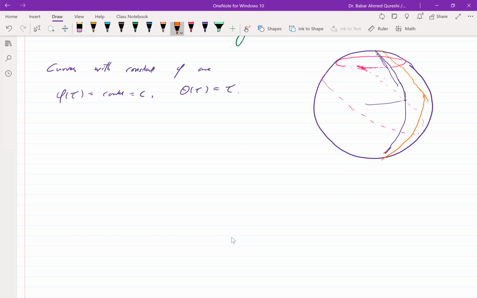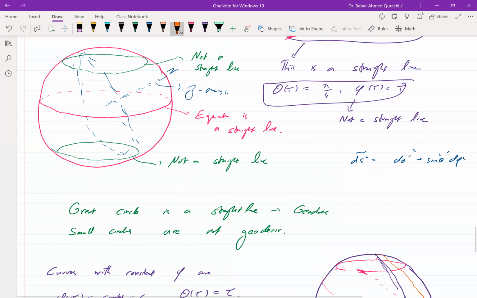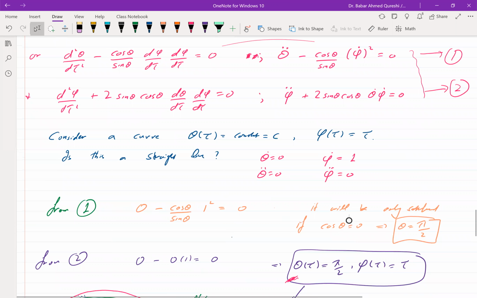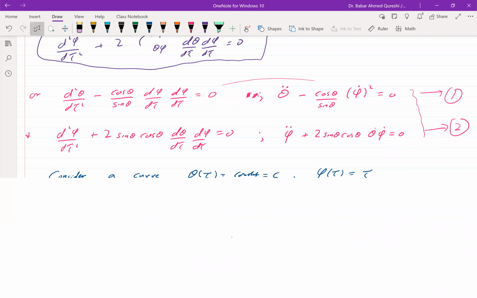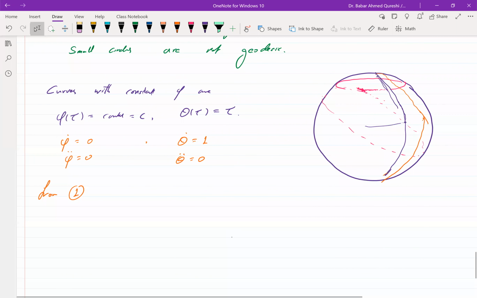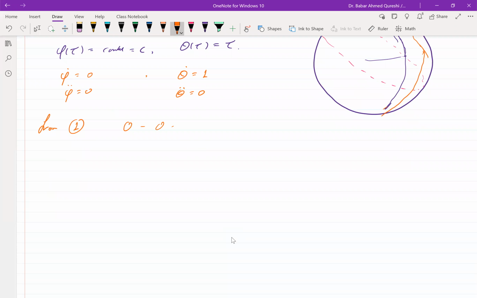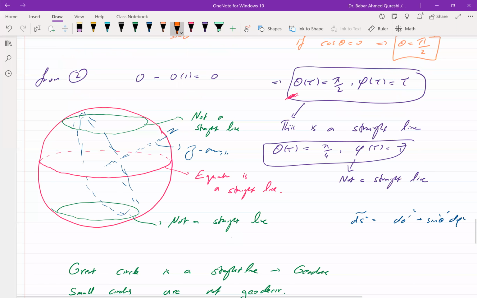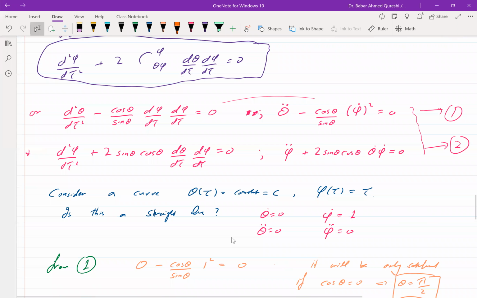So over here, phi dot is 0, phi double dot is 0, theta dot is 1, theta double dot is 0. From equation 1, it was theta double dot, and it had a phi dot squared. So phi dot is 0, both are 0, so 0 minus 0 is 0, satisfied. From 2, it had a phi double dot and the product of theta dot and phi dot.